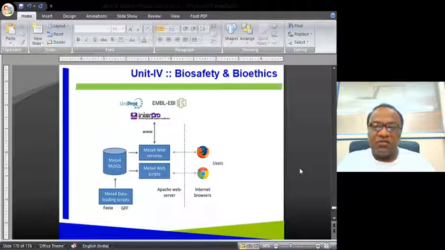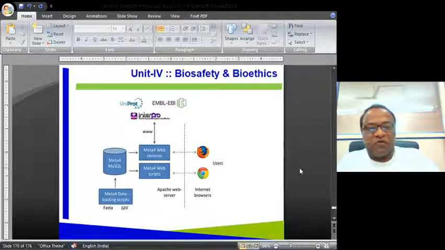Right? So this is the illustration of the working mechanism of Meta4.